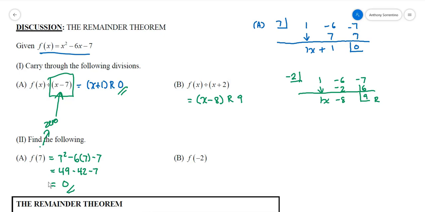Here, again, this negative 2 is the root I would get from this factor. So there's a relationship between this. This is the factor for this 0. What happens when I do f of negative 2?